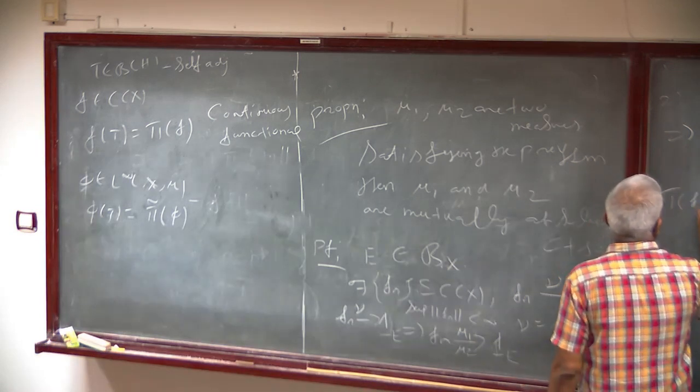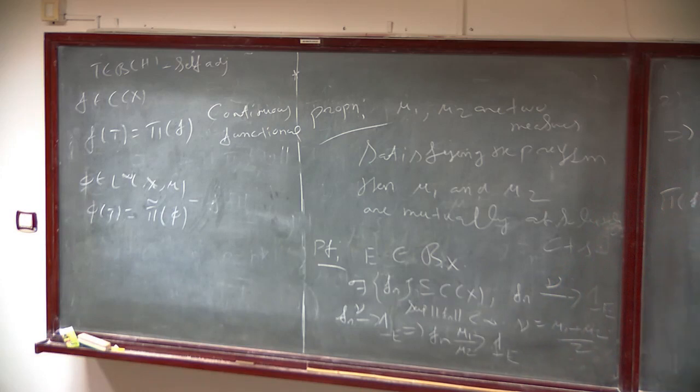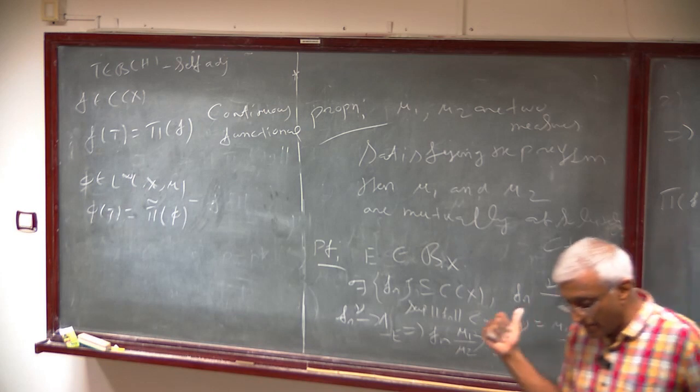Fn's are continuous, and both pi's are extensions, so that is equal to pi of Fn. So this is the same sequence, and this is equal to pi mu2 of 1. This implies pi mu1 of 1 equal to 0 and pi mu2 equal to 0. But pi mu equal to 0 is exactly the same as saying that the measure is 0.